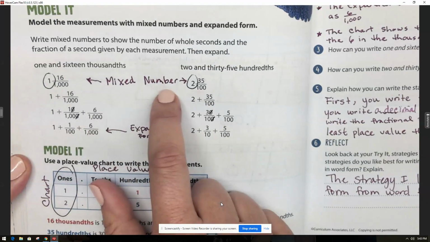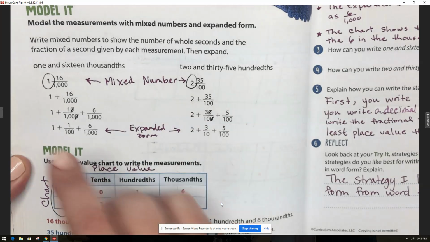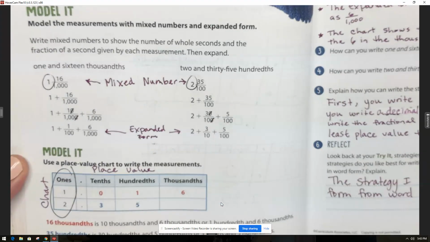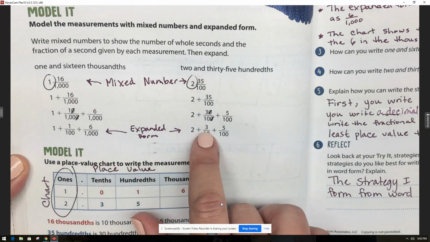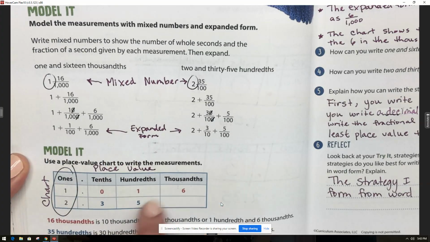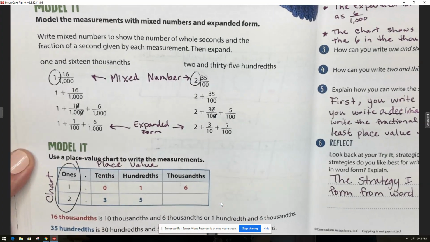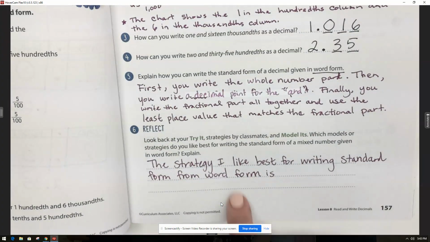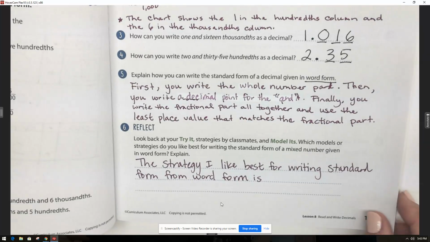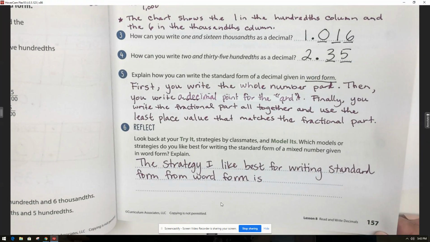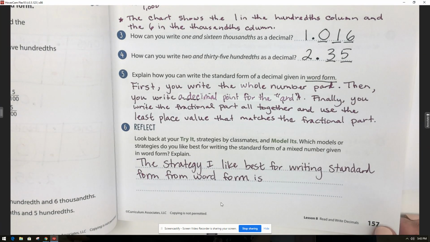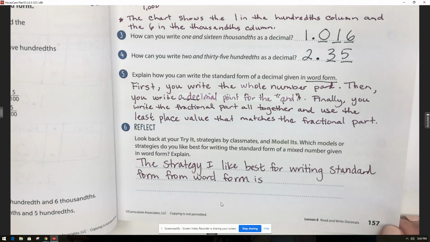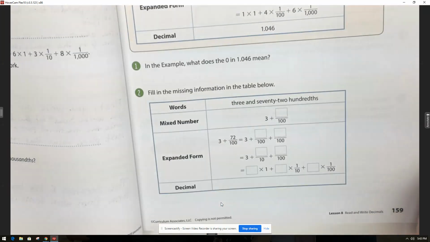Do you like best to write it as a mixed number and then just say, okay, 1 and 16 thousandths? Do you prefer to change it to expanded form, or do you like using the place value chart? You're going to write that down and tell me why. When you're done, you can pause it now and finish, and then when you're done, you can turn the page to 158 and move on with me.